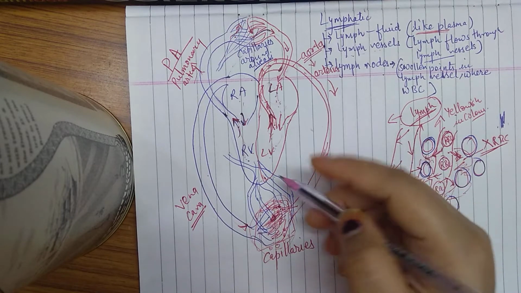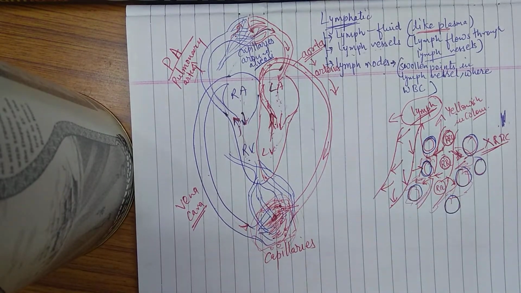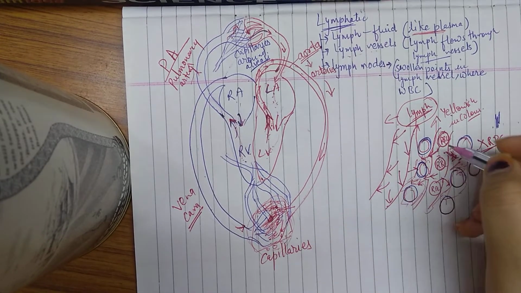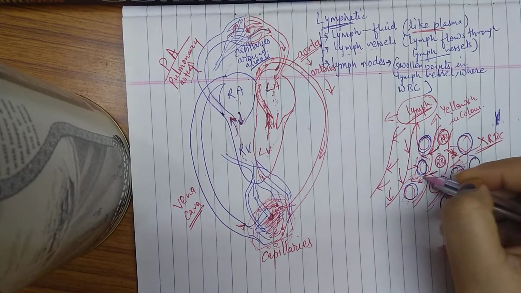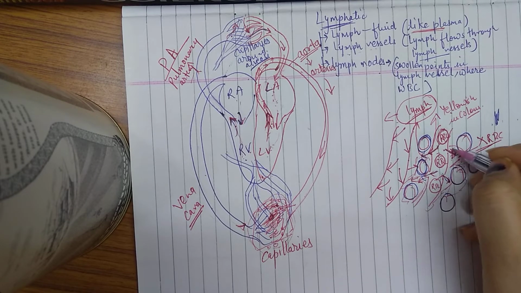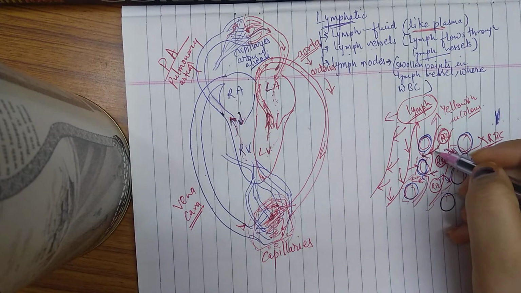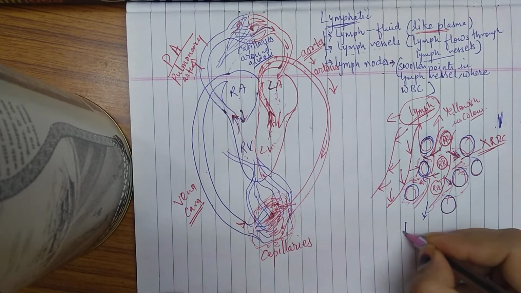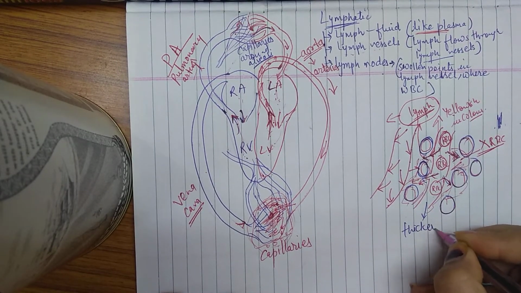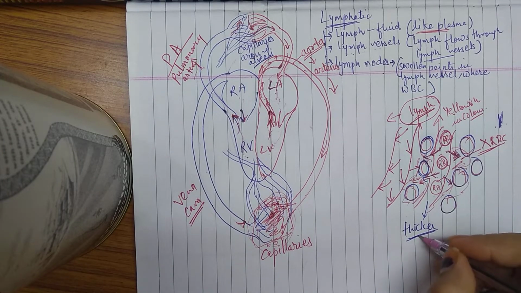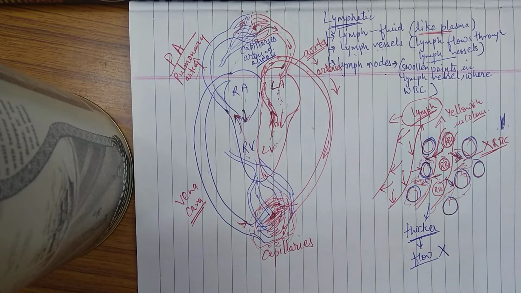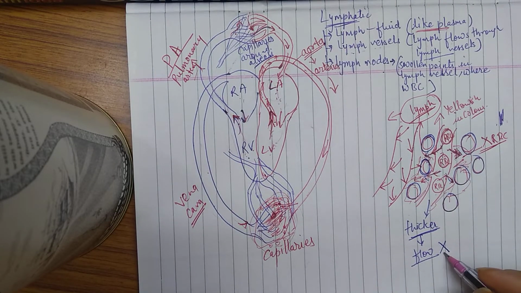Now see, this lymph has the composition of blood, we have already learned. Now just think, if the blood continuously loses its plasma, which is the liquid part of the blood, then after some time the blood may get thicker, and if the blood gets thicker, it will not be able to flow, which is not good for us.